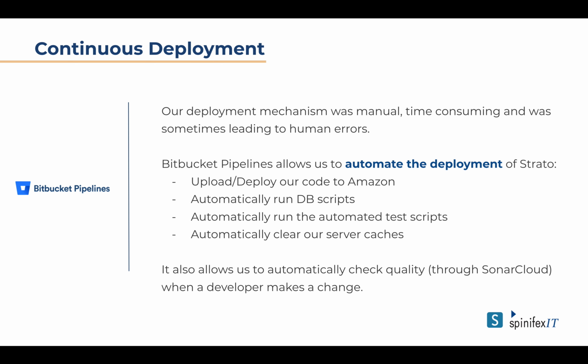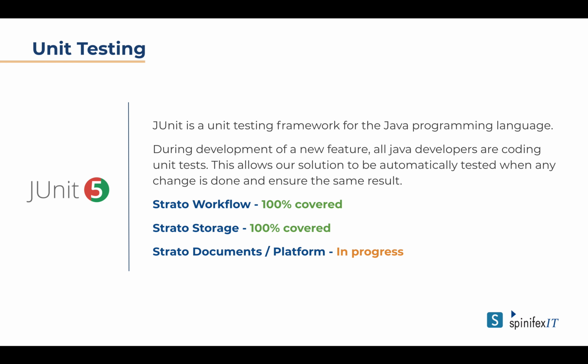So we actually have many more automations done in the continuous deployment, but I think it's important that I cover these four points. Those are the most important. The last one is the check of quality that is automated through Sonar Cloud. I will go back to that one later.